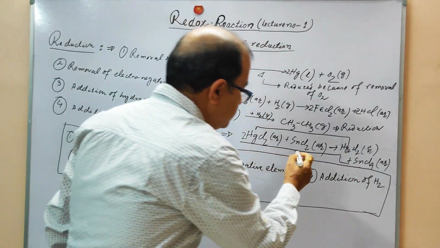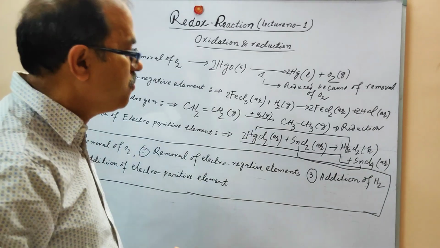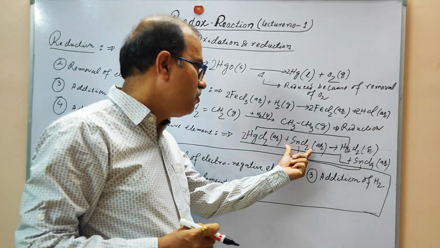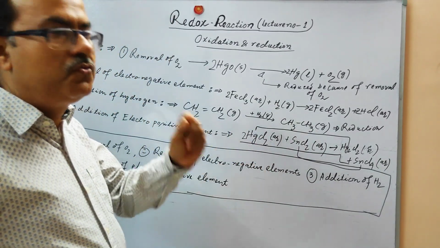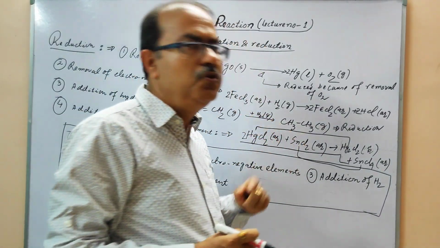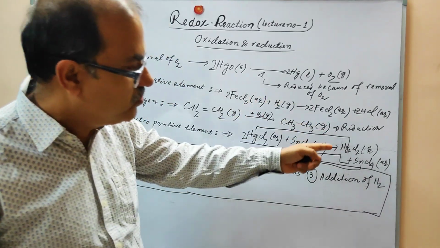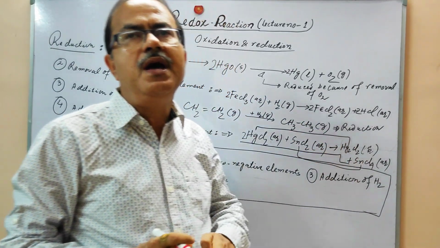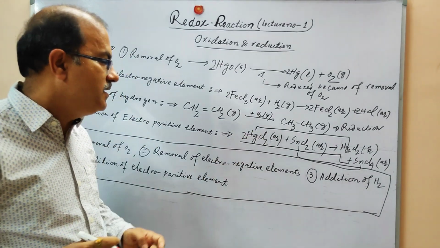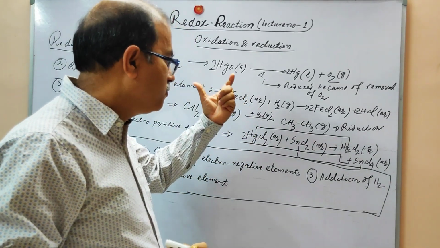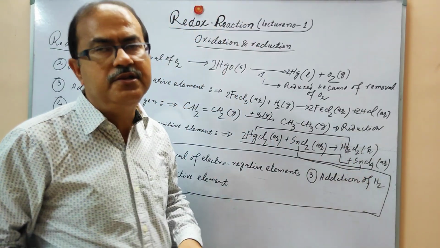From our definition, it is oxidized, due to the inclusion of the electronegative element. At the same time, the HgCl2 is reduced due to the inclusion of the electropositive element. So both oxidation and reduction are going on.